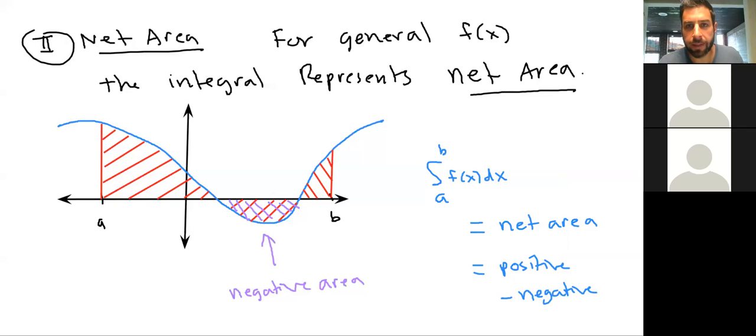Or let me not write it like that, because that's actually probably more confusing. Let me be more explicit. So the way you think about this is the part above the x-axis minus the part below.